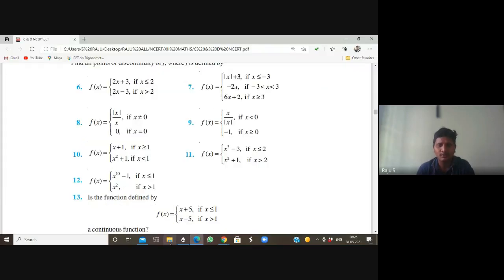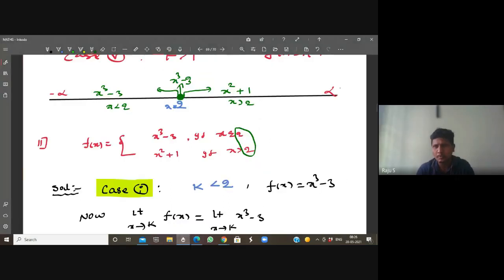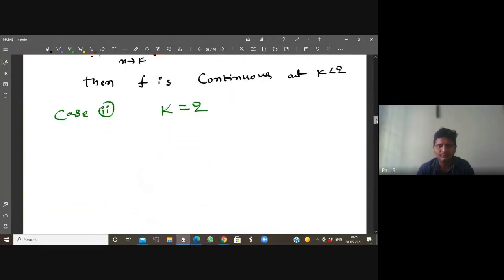Okay, so now when k is equal to 2, or x is equal to 2, the function value is what? F of 2 is what? X cube minus 3, that is 2 cube minus 3, that is equal to 8 minus 3, it is 5.